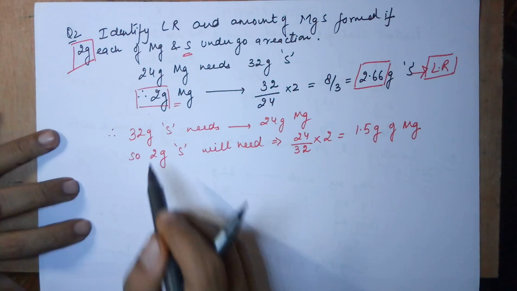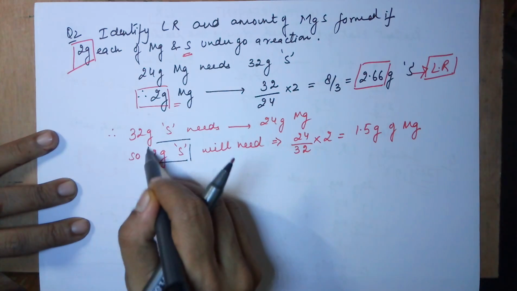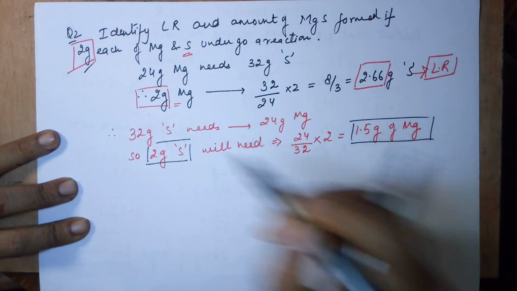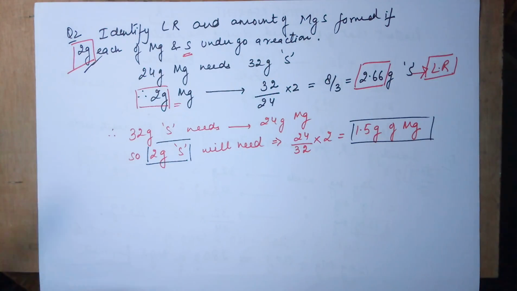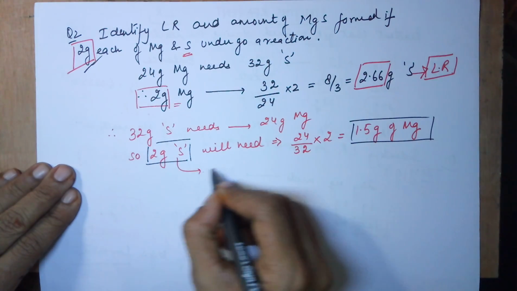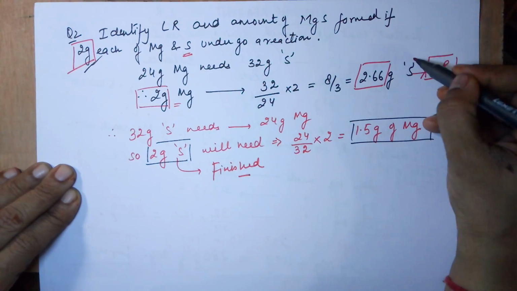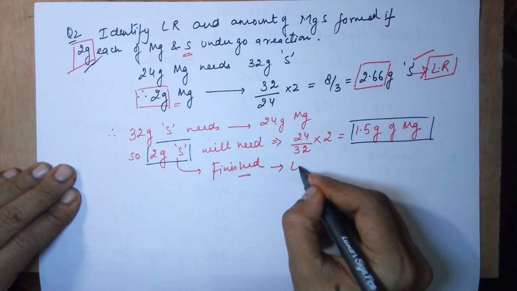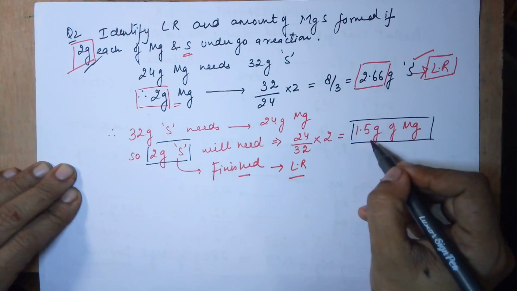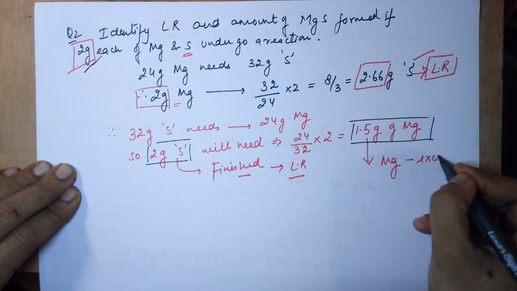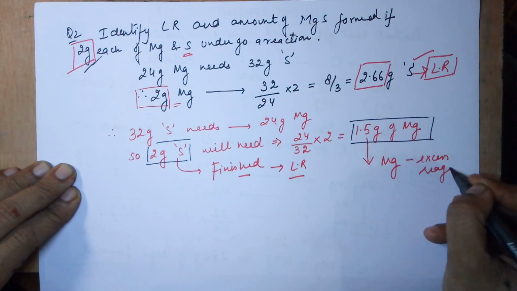Let us recheck it up. 2 grams of sulfur was in your question, needs 1.5 grams of magnesium, which you have. Hence, this would get finished as already done. This therefore again proves that this is your LR. Magnesium therefore becomes your excess reagent.